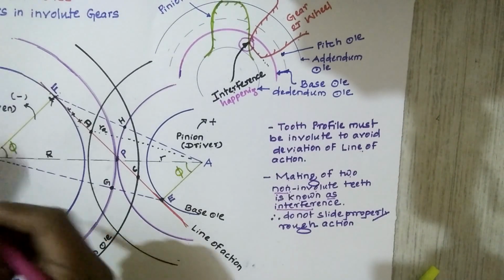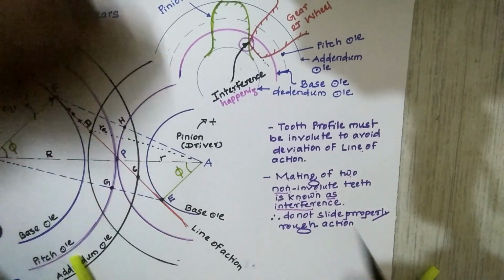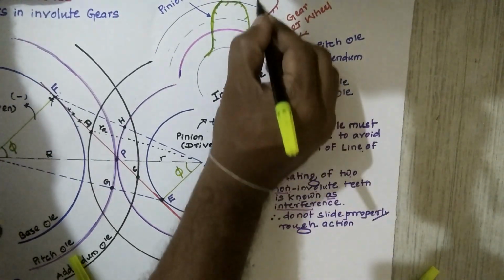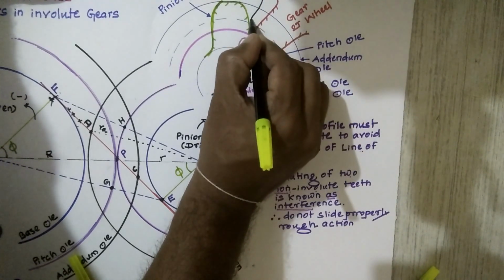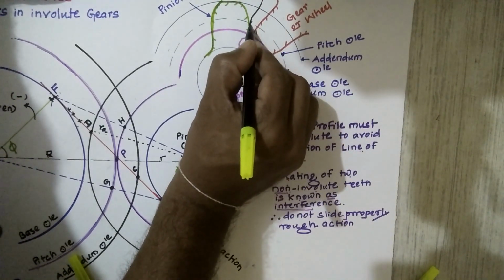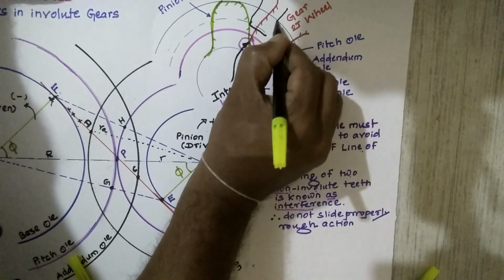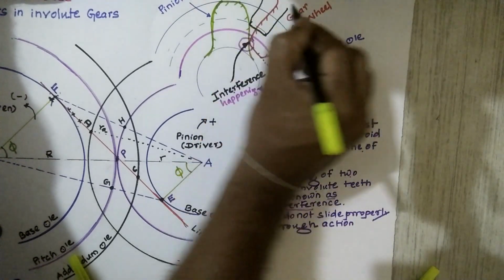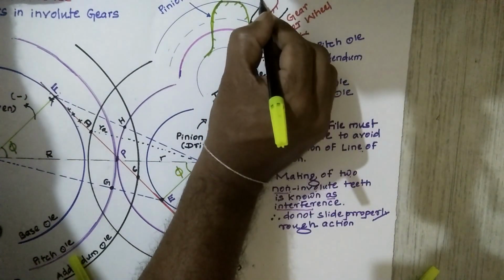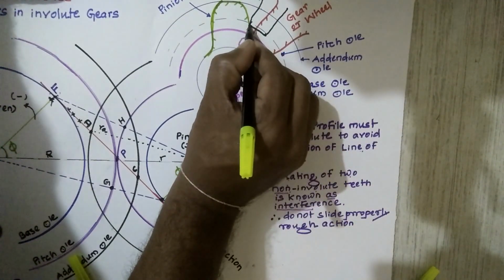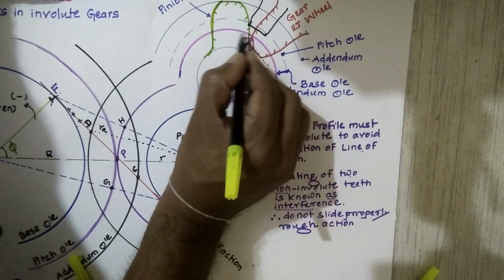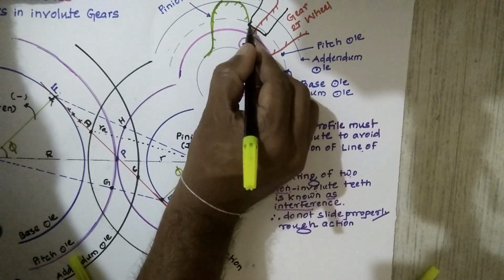In order to avoid the interference, I'll draw this one. It has to meet here. In the second figure, mating should be here. In the second case there is no interference because the mating is above the base circle.